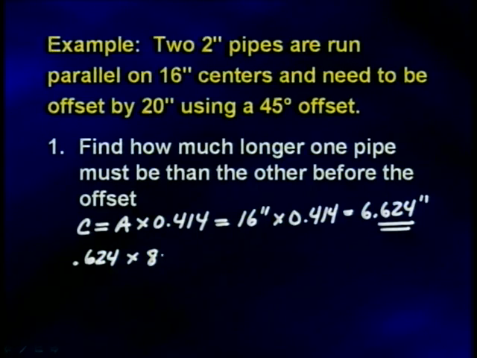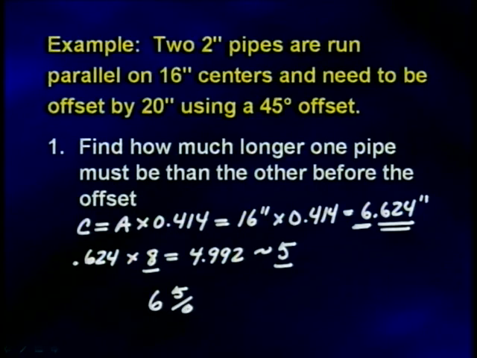Multiplying by 8, that gives us 4.992, which is really close to 5. So what we've got is 6 5/8 inches. Good. So that's the distance that one pipe must be longer than the other pipe before the offset.